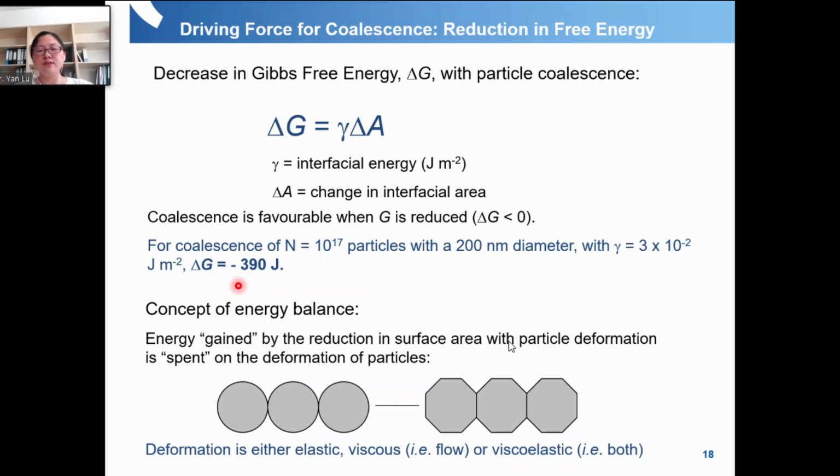So where do the deformation forces come from? It comes from what we gain from this decrease of surface area, which is also used for the deformation of the particle. And the deformation can be elastic or viscous or even viscoelastic. It can be both.